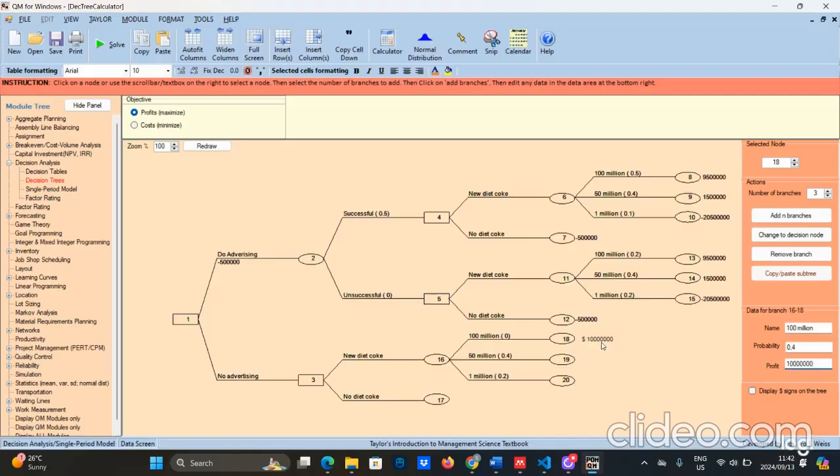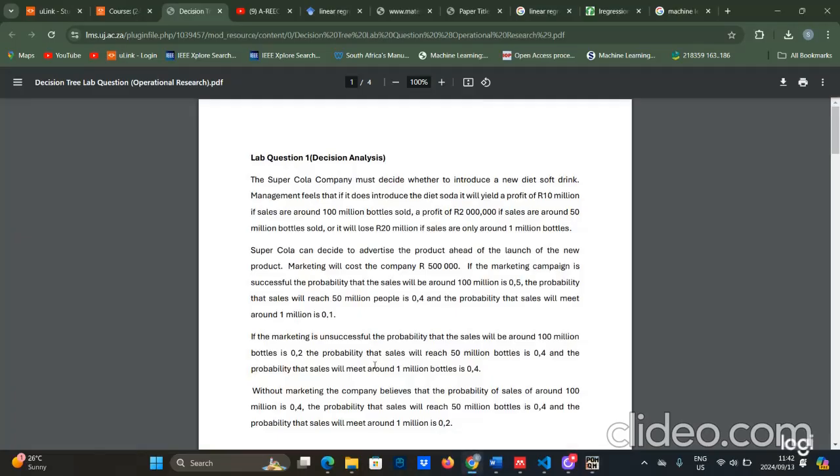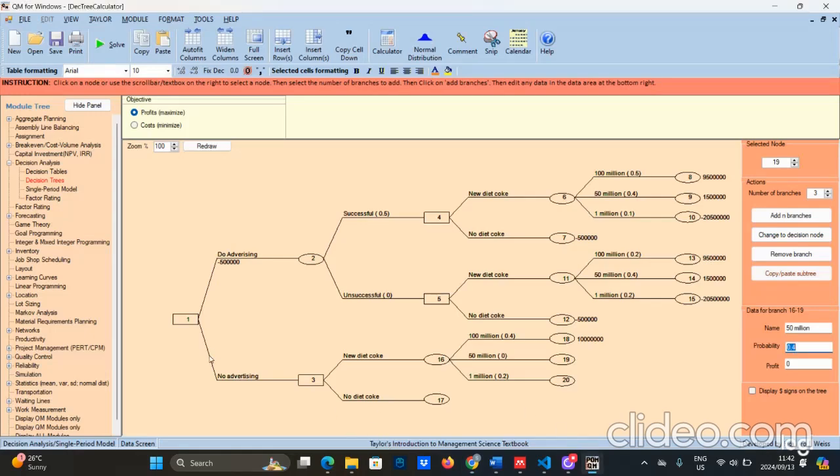And if they sell 50 million bottles, they'll make a profit of 2 million. Similarly, since they didn't spend any money on advertising, the expected profit here is going to be 2 million.